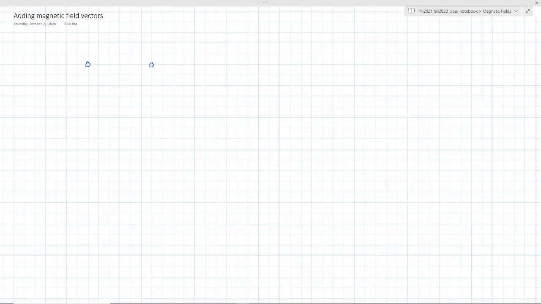So the situation that I want us to consider first is just two wires. The wires are facing you, and there's a current of the same magnitude that's flowing at you. In this case, you know that there would be a magnetic field going around these wires in a circle.